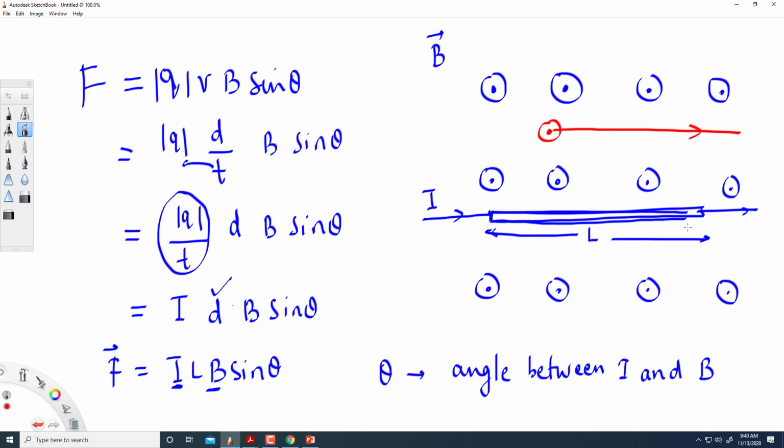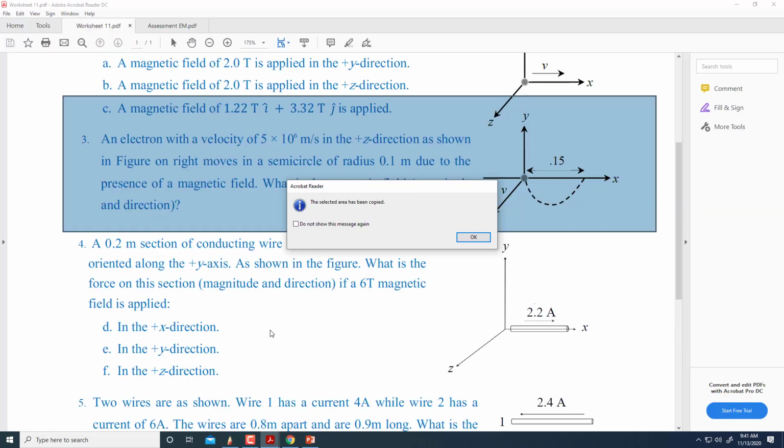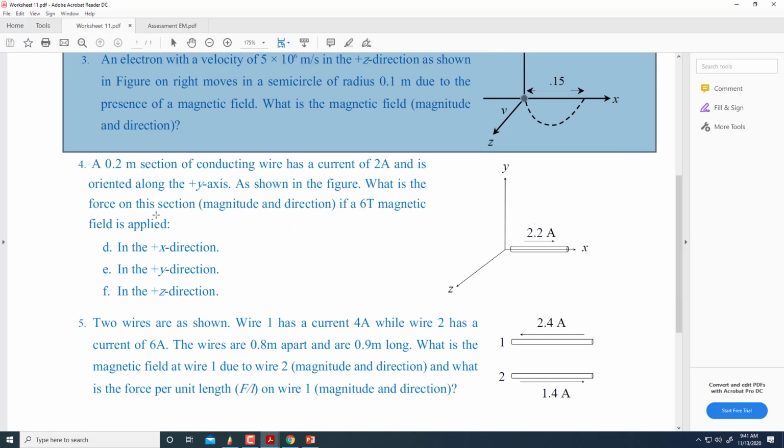Okay, so with that, let's look at a question to apply that formula. Let's look at this number 4.